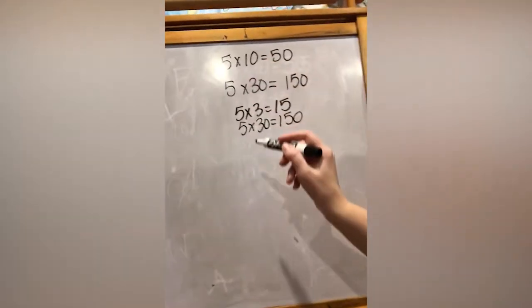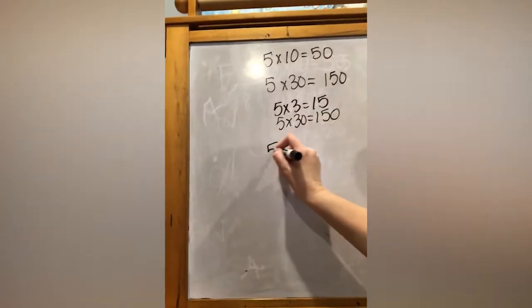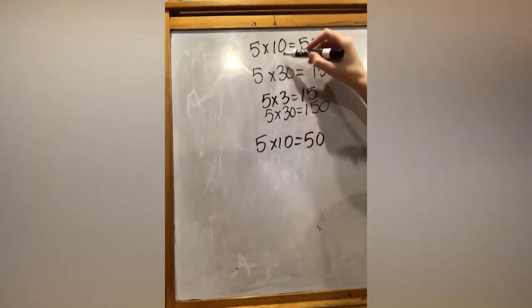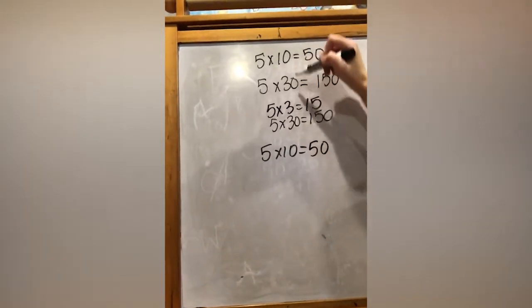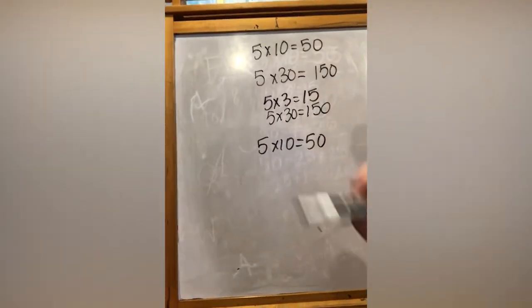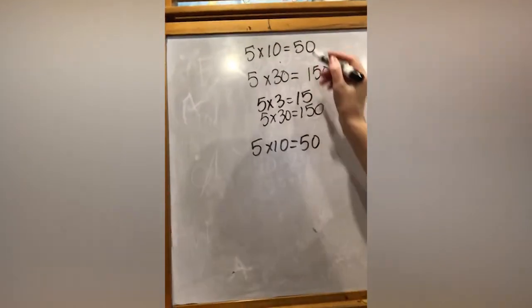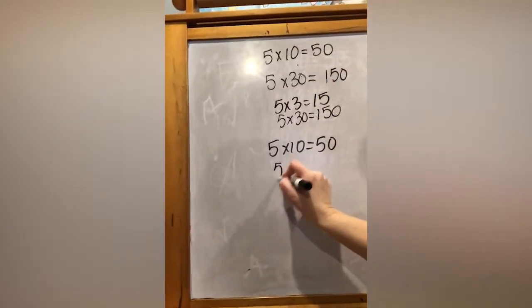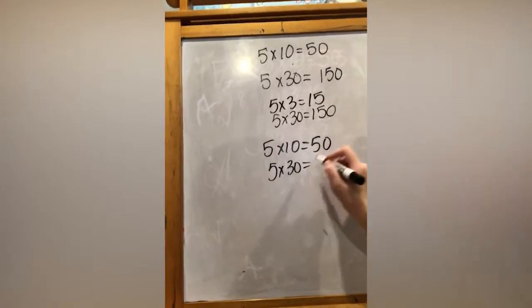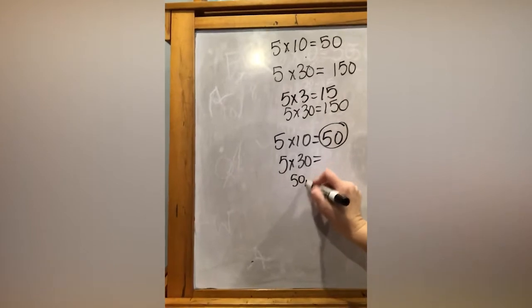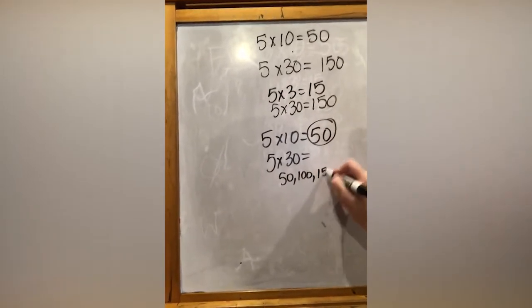For me, I was thinking, well, if I know 5 times 10 equals 50, I know that this is going to be 3 times that amount, right? So 10, 20, 30, that's 3 times what that should be. So I was thinking that 5 times 30 would be equal to 3 of these products. So 50, 100, 150.